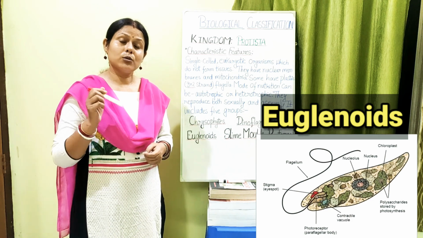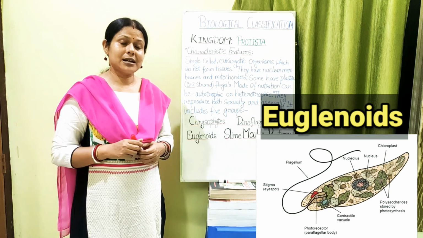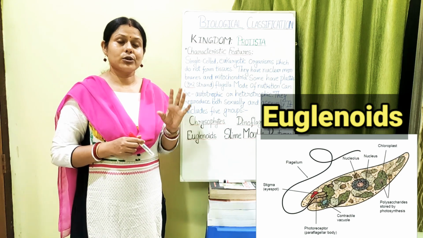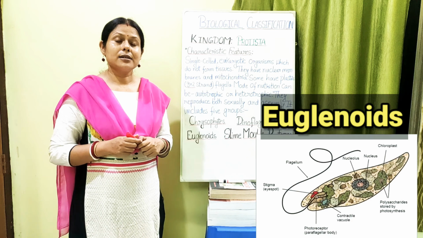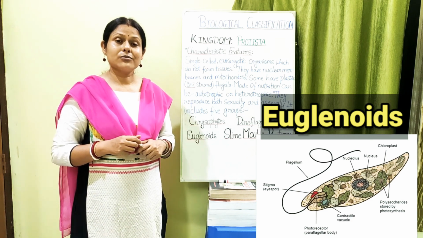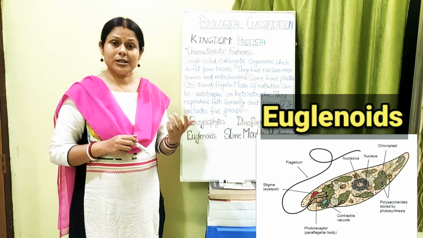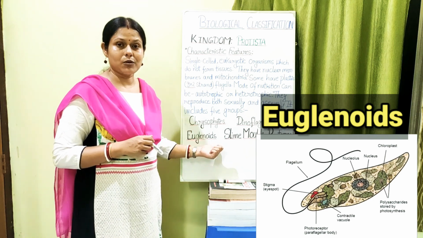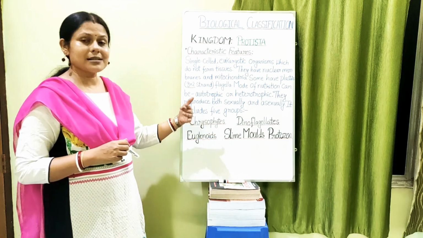At the place where the flagella are inserted, the basal body is inserted into the body of the euglena, there is a red spot. Now this red spot is a peculiar characteristic feature of the organisms belonging to the euglenoids. Next is the slime molds.